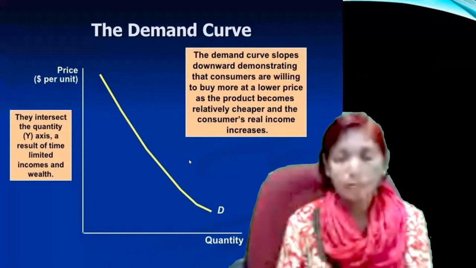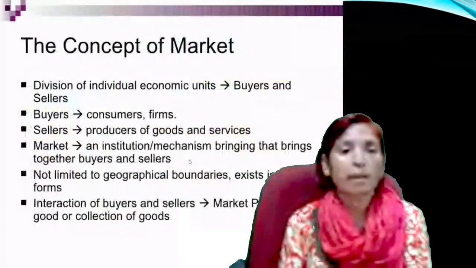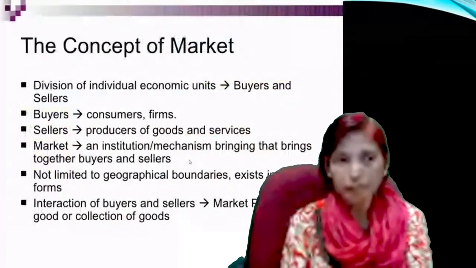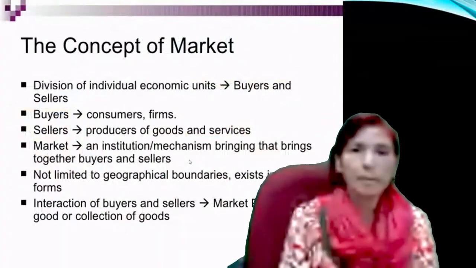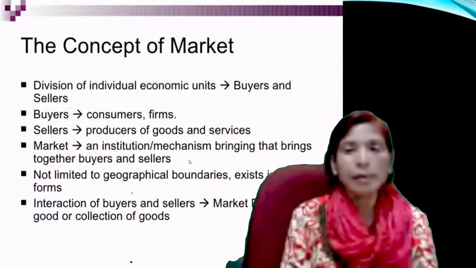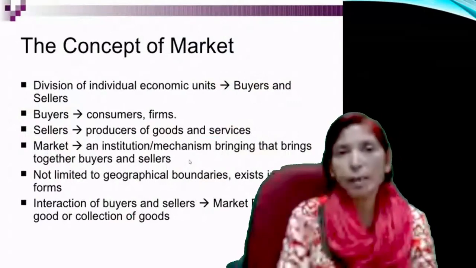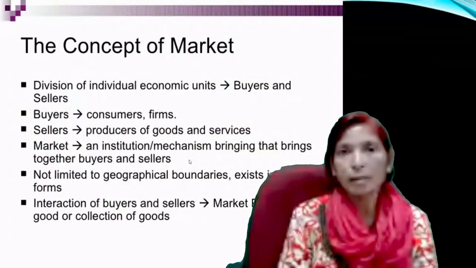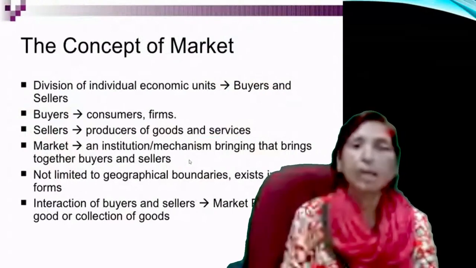Now next is the concept of market. What is the meaning of market? A market is a place where buyers and sellers stand together. Sellers sell their goods and buyers purchase that commodity. The price is fixed with the help of demand and supply curves.